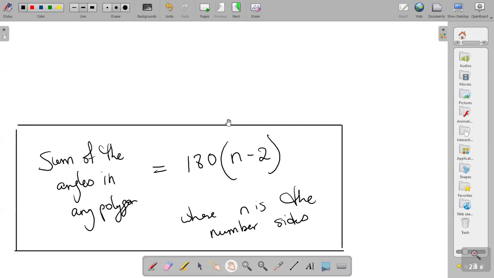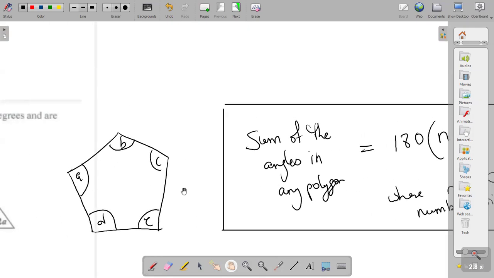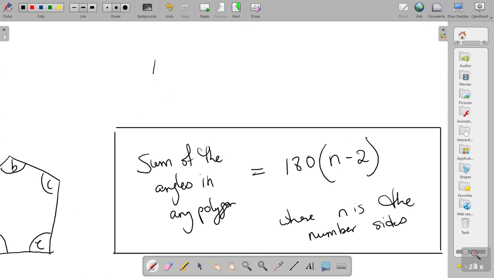In the meantime, let me just recap. I was asking you to calculate the sum of the angles for a pentagon, knowing that a pentagon has 5 sides. So what you should have done is say 180 times (n minus 2); if it's a pentagon, it has 5 sides, so n is 5. So it's 5 minus 2, which is 3, so it's 180 times 3.